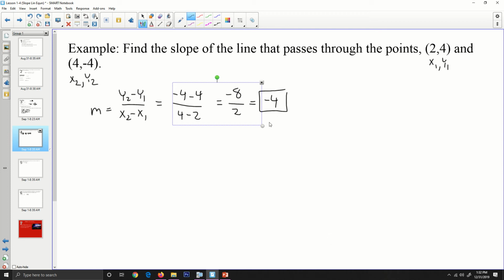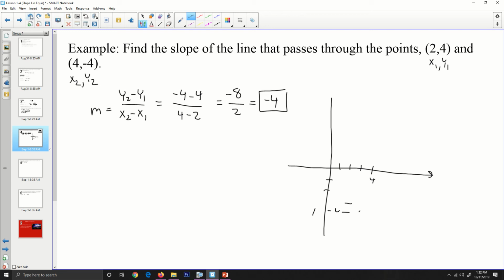And I think it's going to make sense if we think about it in terms of a simple graph here. If I go 1, 2, 3, 4 along the x-axis, 4, negative 4 would be this point right here, and 2, positive 4, right there.